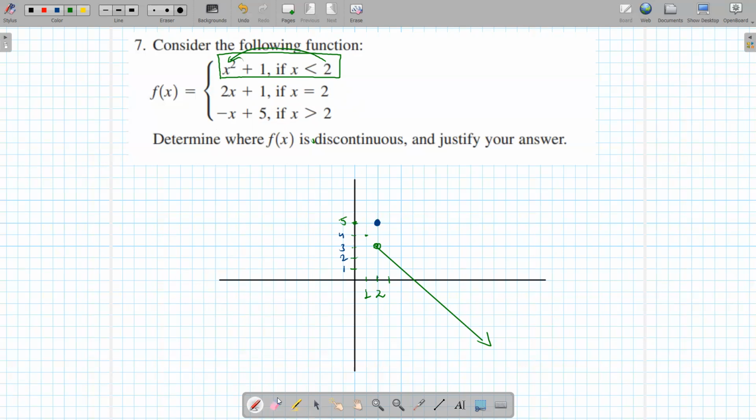You'll see that it's 5, okay? Do you agree? Is that an open circle or a closed circle? Open circle. That means the third function, when the x value is 2, the y value is 5, but that one has an open circle.